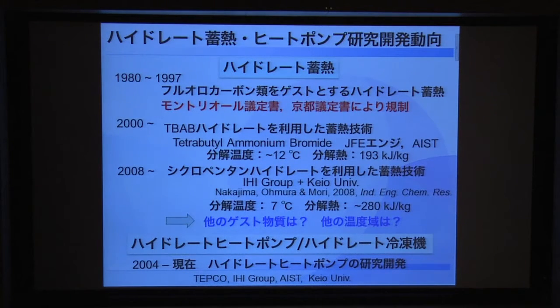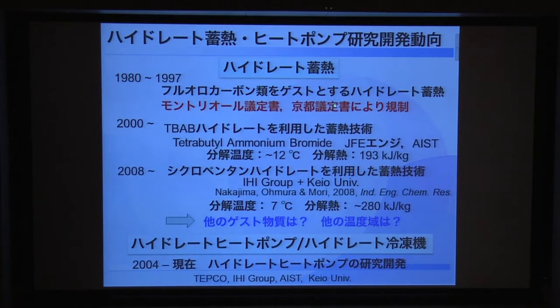Actually, thermal storage using hydrate is not such a new topic. It already has a long history of research. In the 1980s, the research had already started. The guest material, non-water material, included fluorocarbons in the beginning.